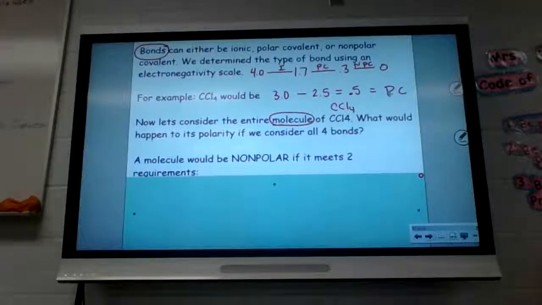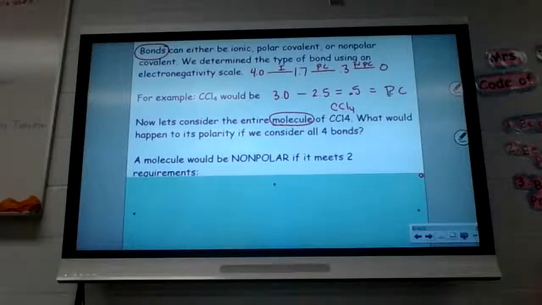So it's easier to talk about the requirements to be nonpolar. There are 2 requirements to be nonpolar, and you have to meet both. If you don't meet both, you're automatically what? You're automatically polar. Okay? Everybody understand that?